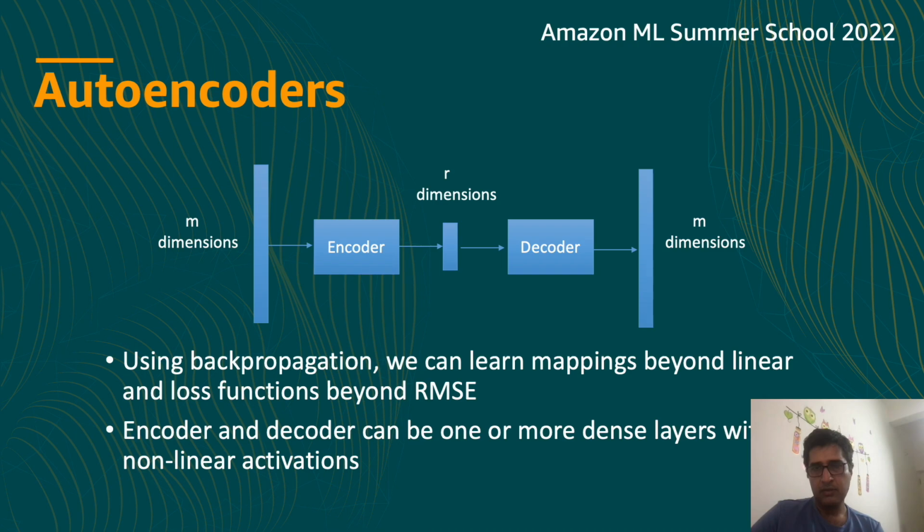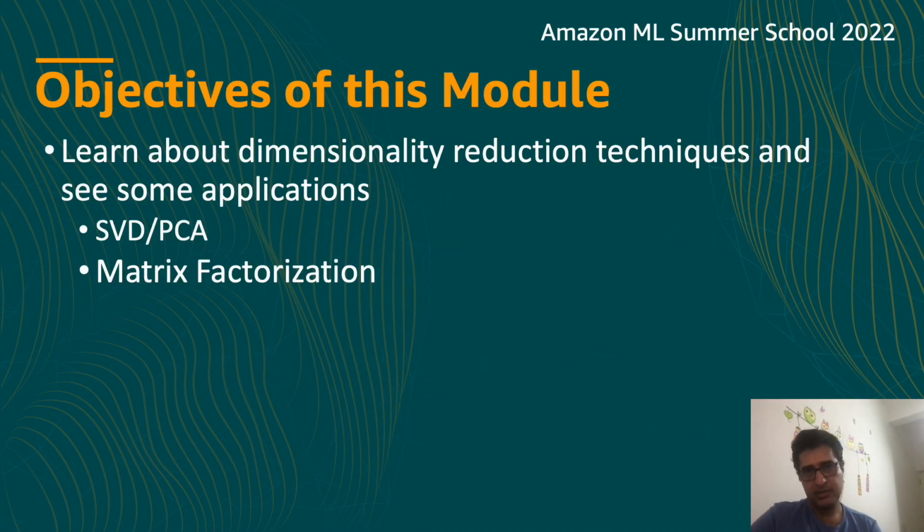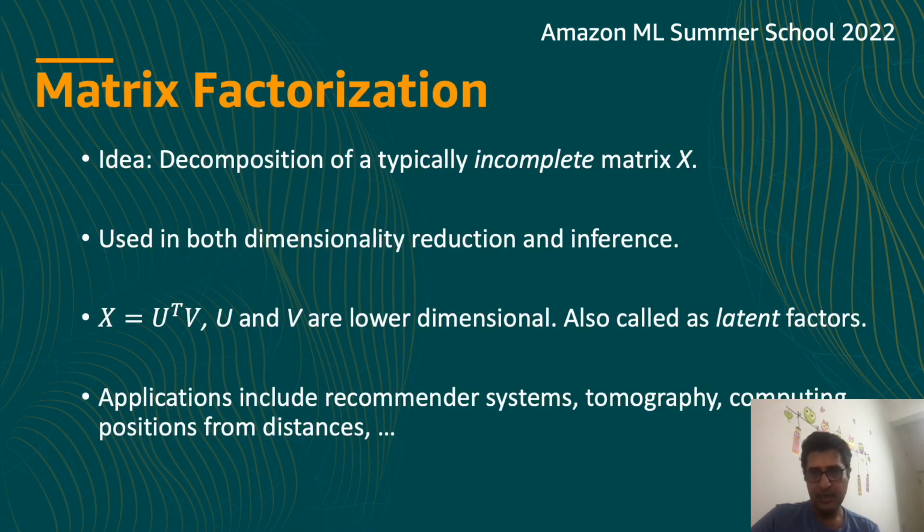Okay, so coming to matrix factorization. Now, matrix factorization is quite a unique, I would say, specialization of principal component analysis. Matrix factorization takes the idea that let's say you had an incomplete matrix X. So think about it this way: in case you have the problem of recommending movies to users, right?